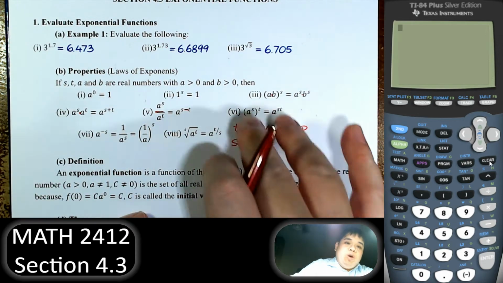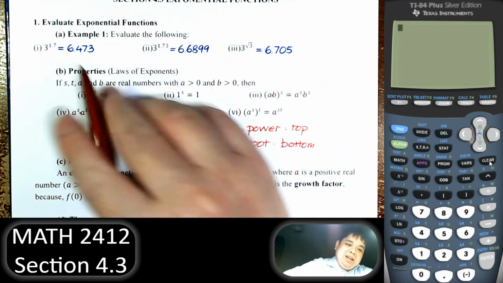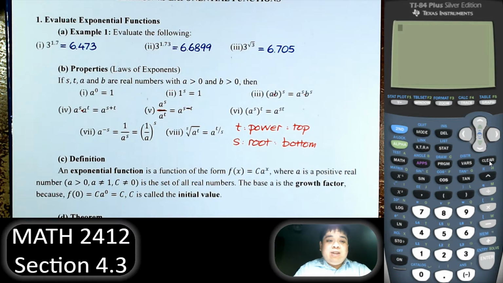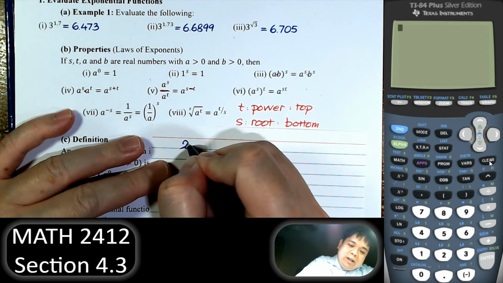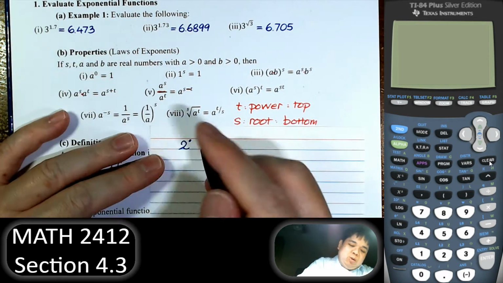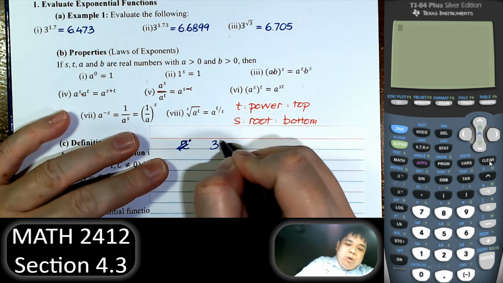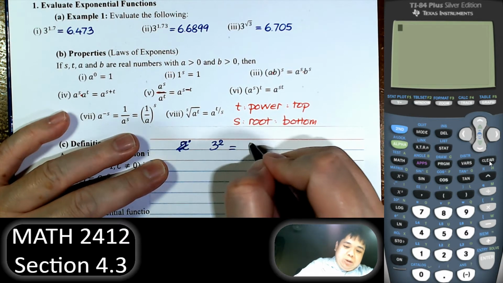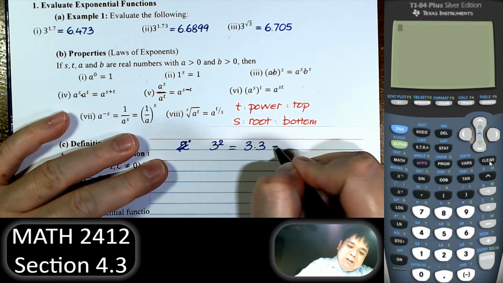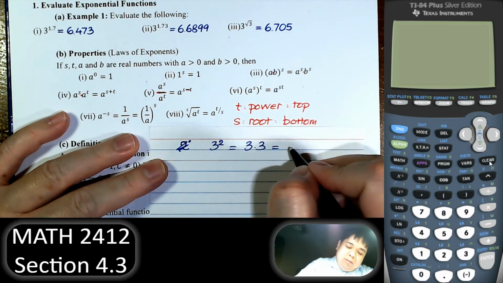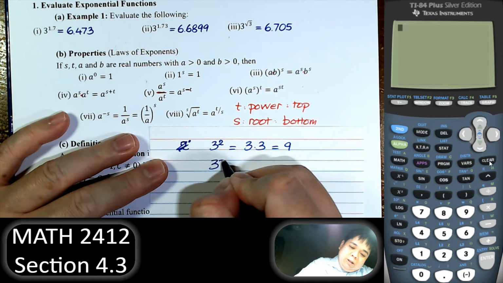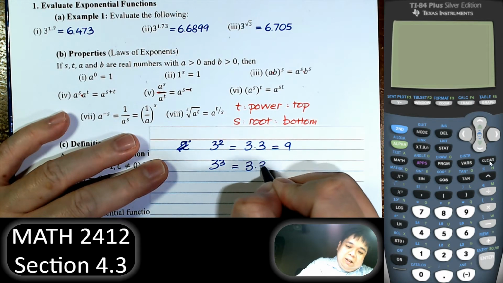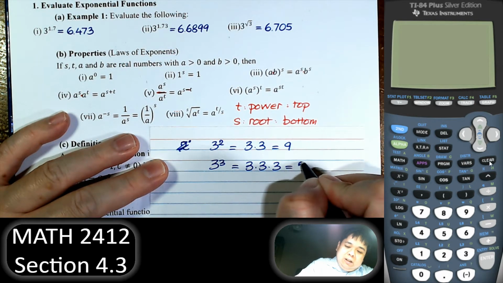Now with this we go back to the purpose of this exercise. Think about this. If I ask you what is 3 squared, 3 times 3, that is 9. 3 cubed is 27.